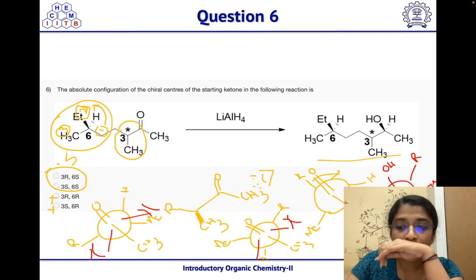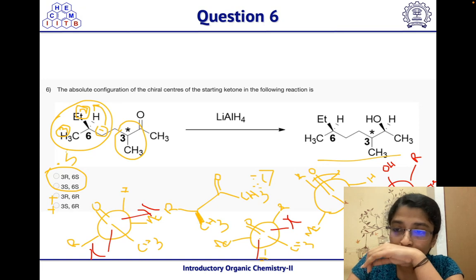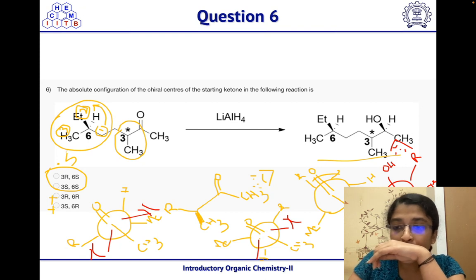If we draw it in dash and wedge format, here these two methyl groups are coming in the plane, and these two, R group and OH, if we are observing from this center, will be coming above the plane, and these two hydrogens are coming below the plane.